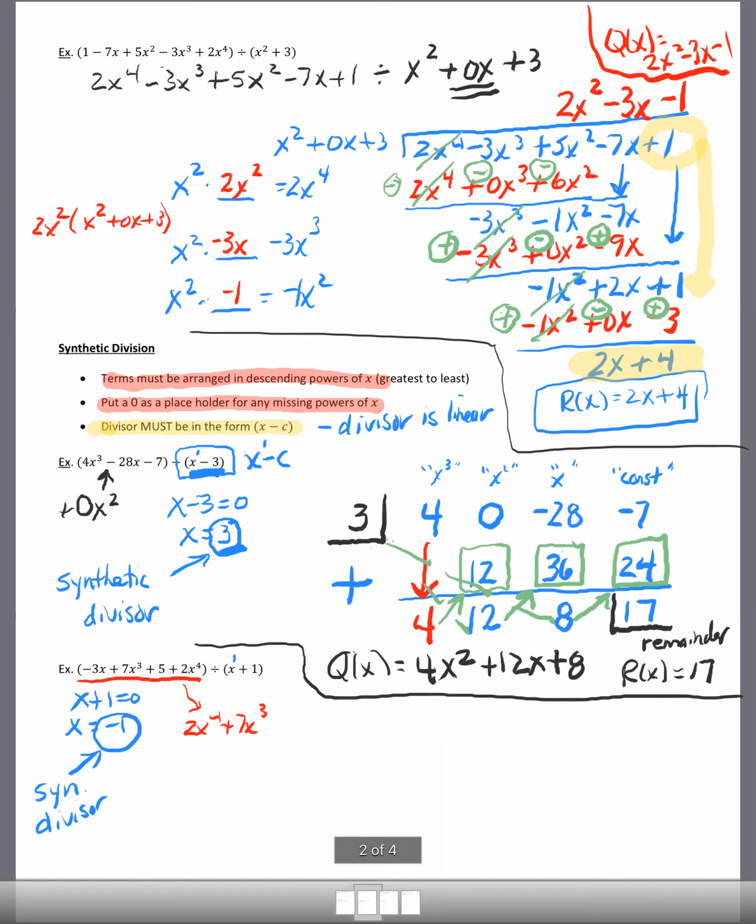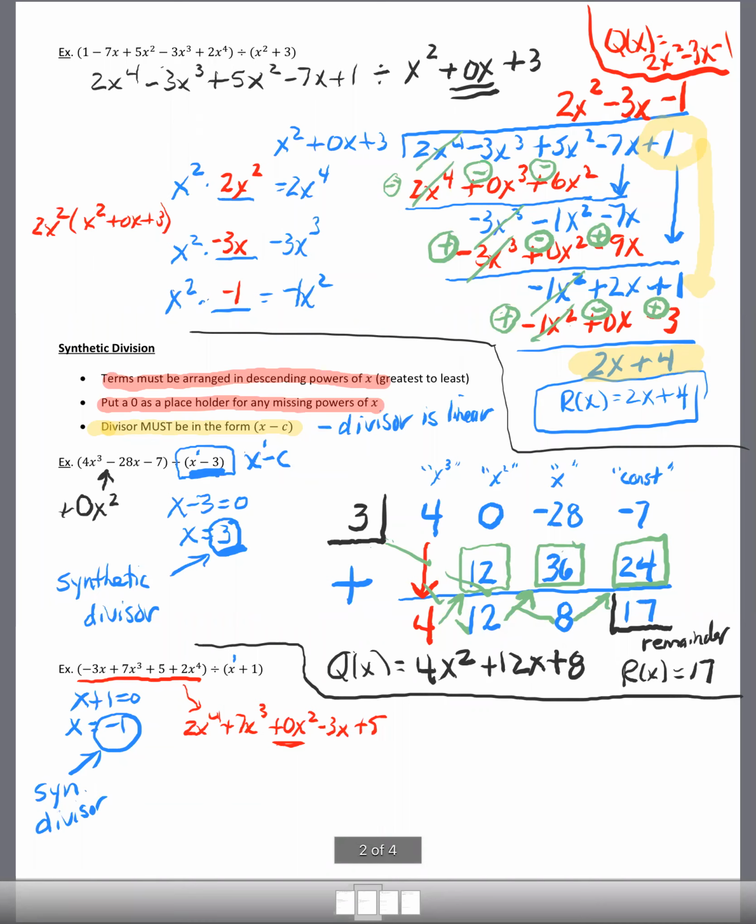There's a missing term, isn't there? I don't see a squared term, so that would be 0x squared. I have minus 3x plus a 5. Okay, let's see if all the terms are there. And like I said, I had to put in this missing term of x squared for us. So I think everything's in there correctly. The signs look good, so now we're ready to start.